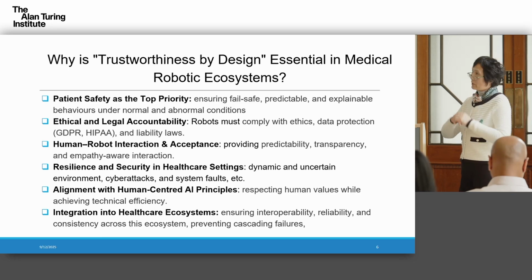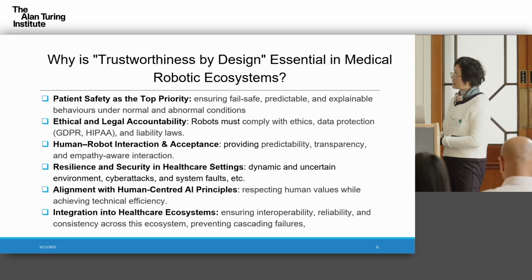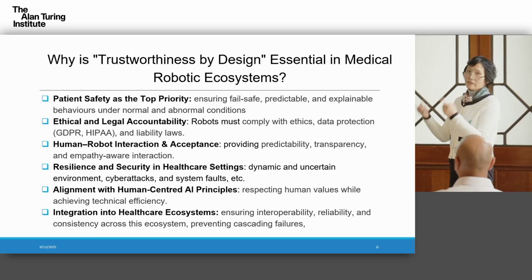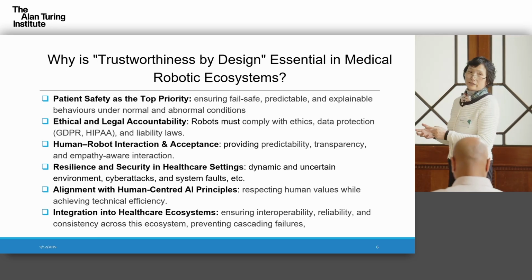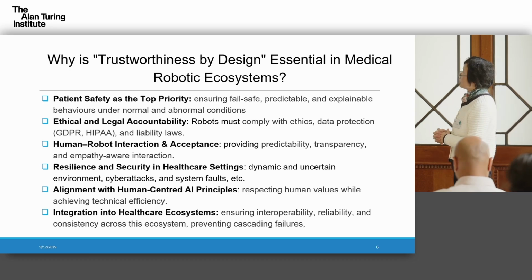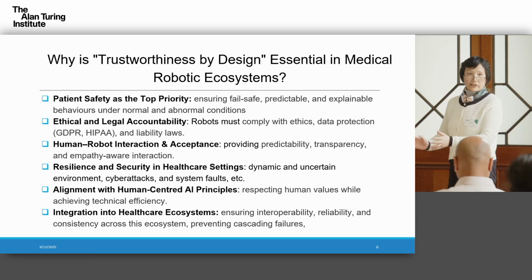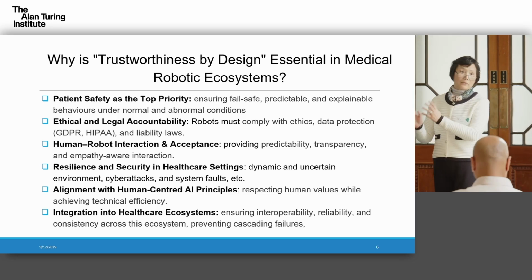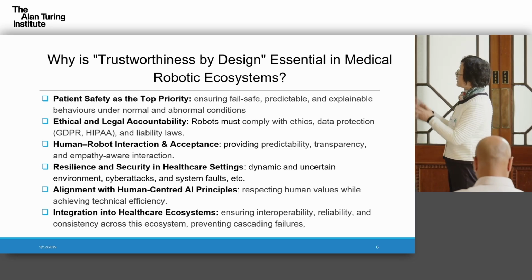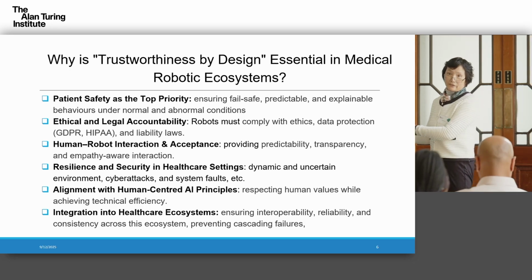As I mentioned, many systems only consider performance rather than embedded trust. Because a medical system is a safety-critical system, we need to ensure everything is okay under different conditions, even system failure, faults, or cyber attacks. We need to keep the system stable and performing its intended function.